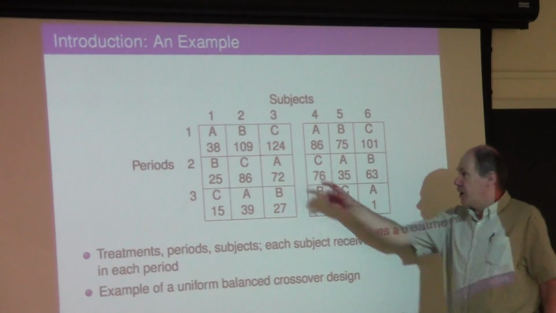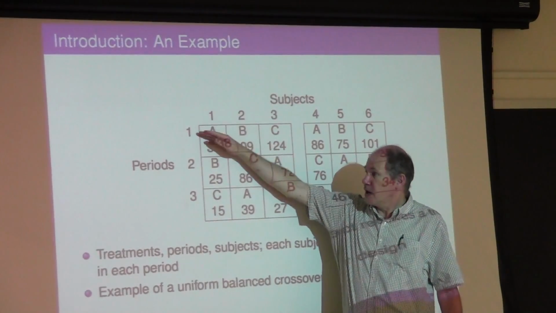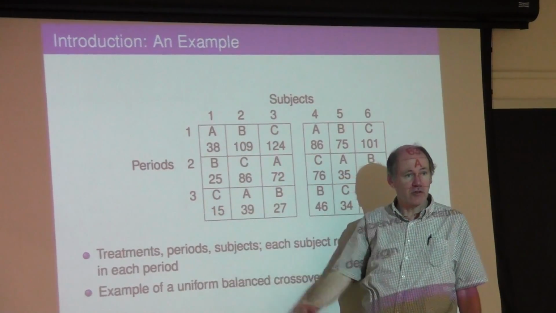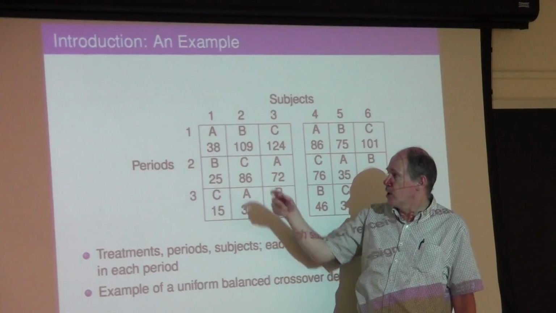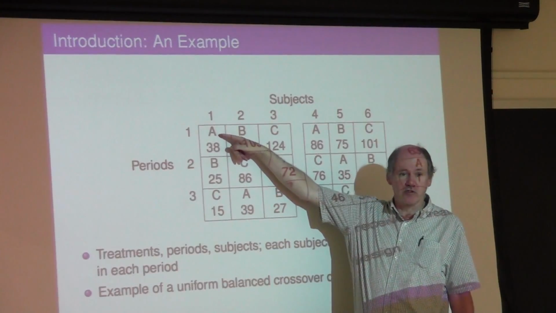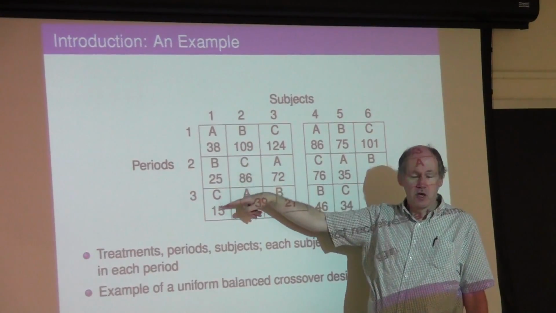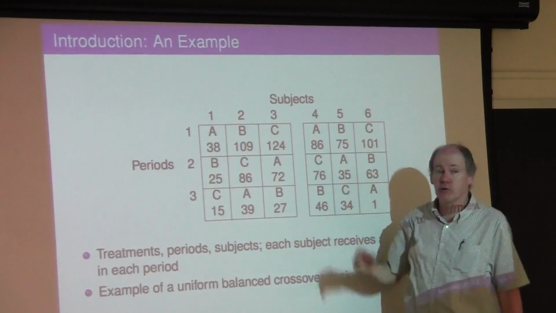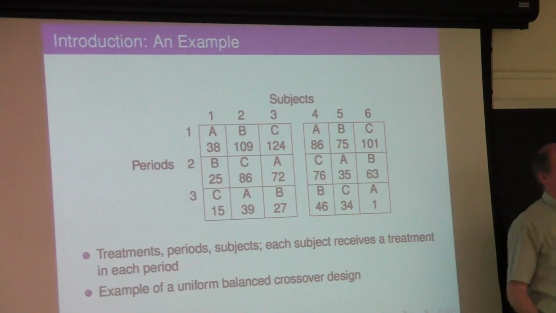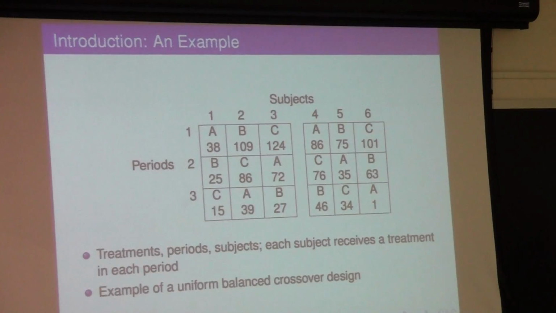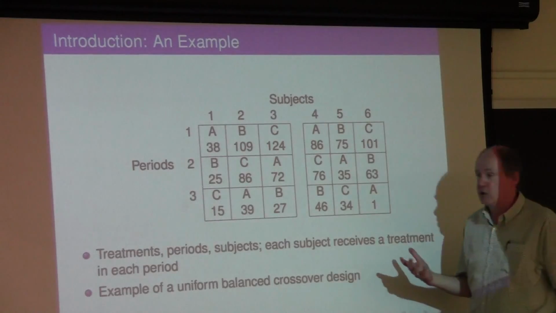Each of these subjects is observed at multiple time periods, and you can assign different treatments at those periods. The treatments in this particular experiment are actually different diets. These cows were being compared, when fed these different diets, in terms of milk production.